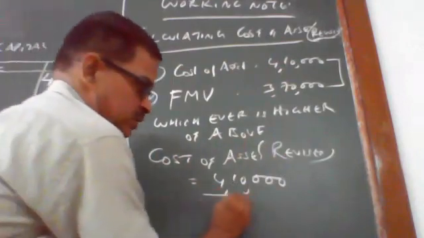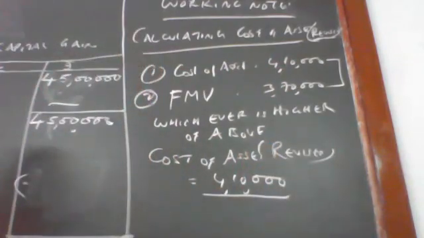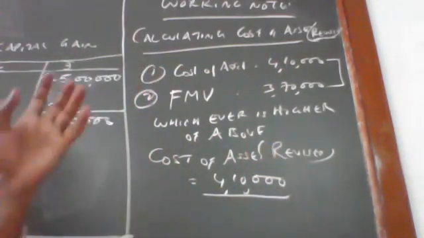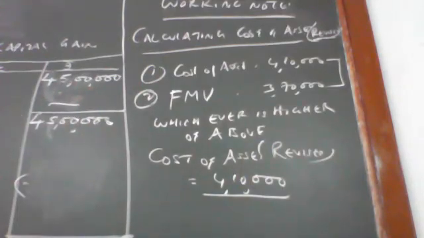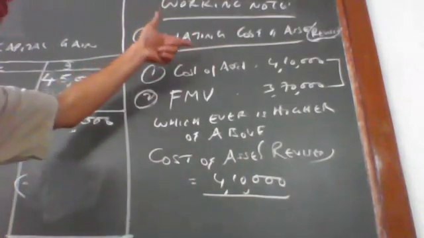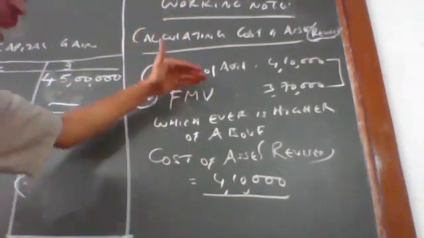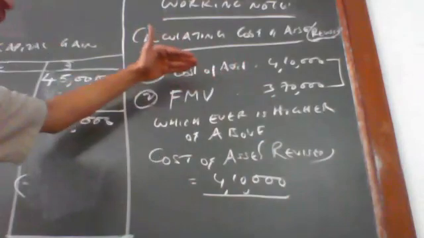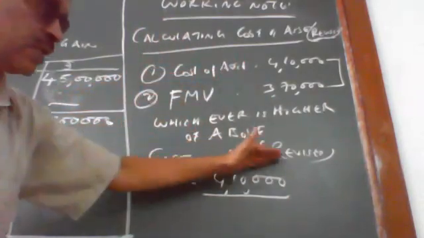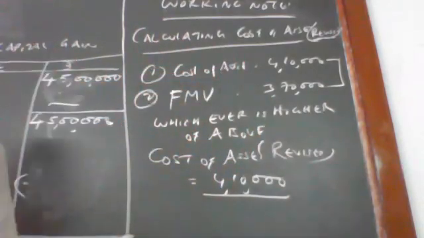So 4,10,000 is the revised cost of asset.